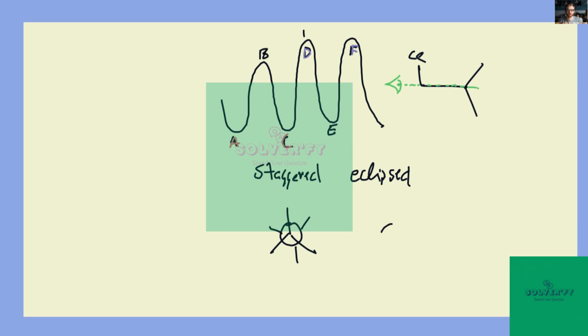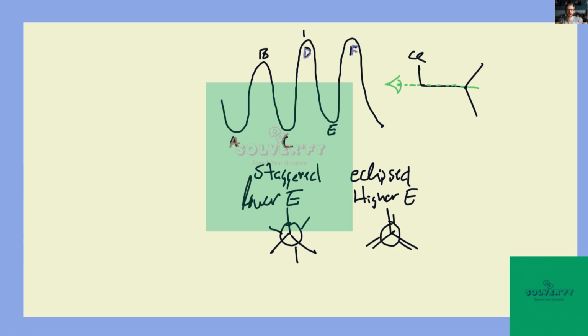And then eclipsed is when the bonds in the back overlap the bonds in the front. Staggered is always lower energy, and eclipsed is always higher energy.